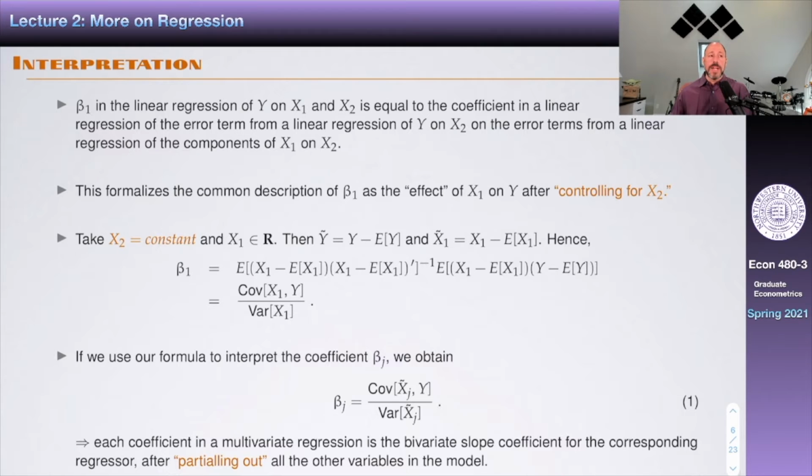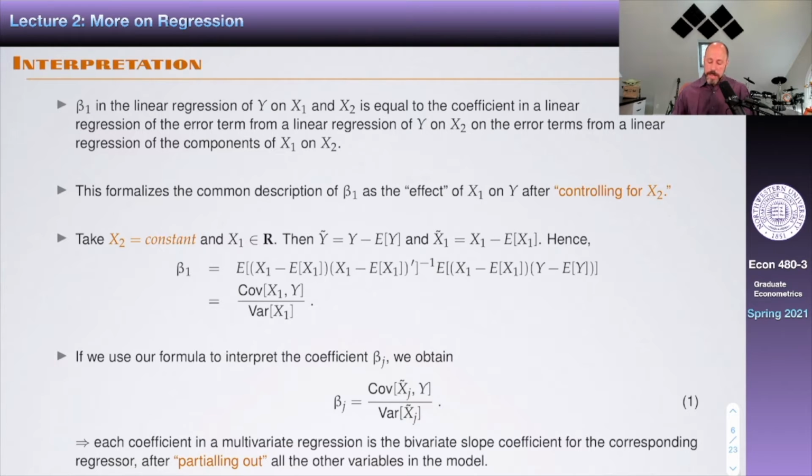Okay, and if you use this formula to interpret the coefficient of the random variable j, variable by variable, what you have is that this slope coefficient in a regression with multiple x's has the same representation as the one that you obtain in the case where you have only one covariate, except that now each of the x's first needs to be partialed out from the other x's that you have in the regression.